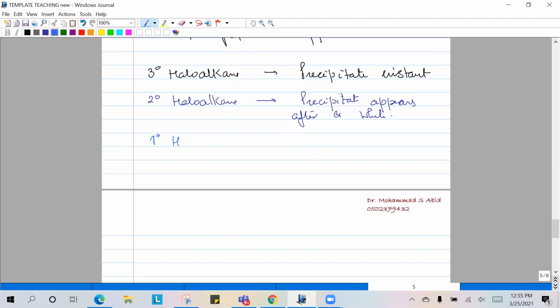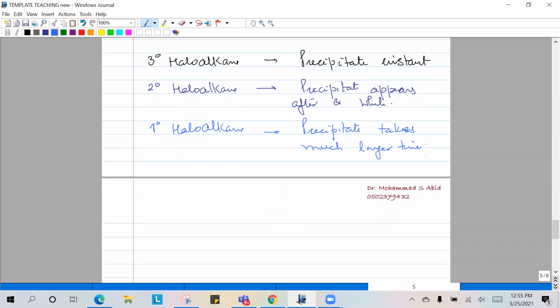And in the primary haloalkane, the precipitate takes much longer time. Maybe sometimes we may have to warm it also. So what does this give us an idea of?